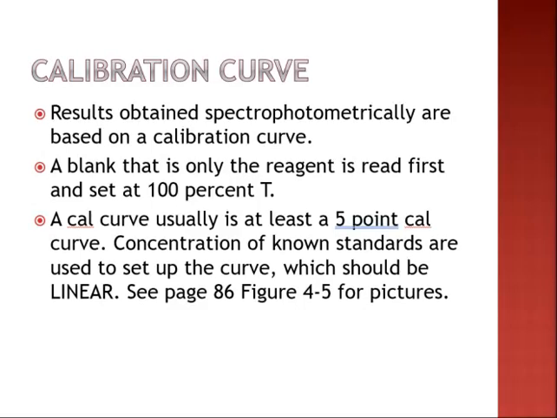Just to remind us what a calibration curve looks like, I'll do my best to draw one down here, free-handed. So here is our curve. 0 would be the origin. I'm going to change colors to draw our standards to plot them to create our curve.